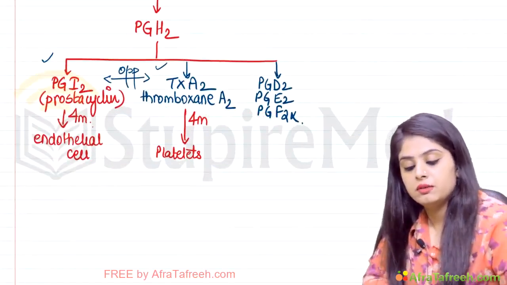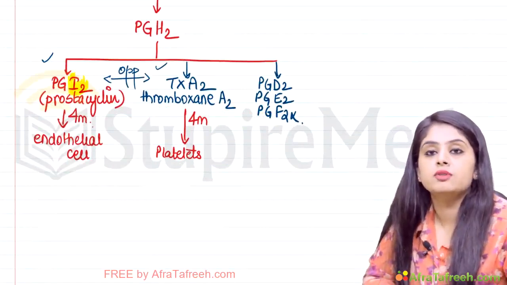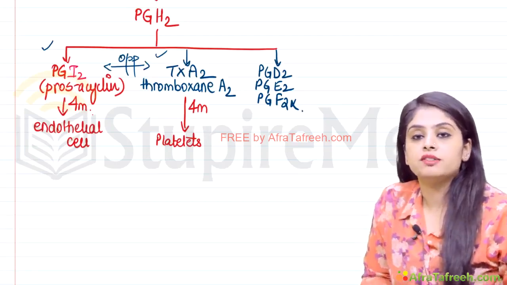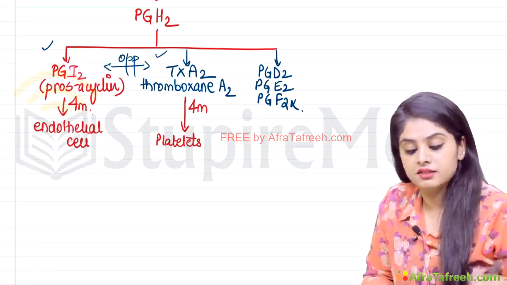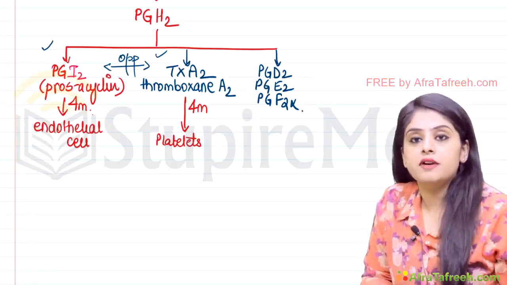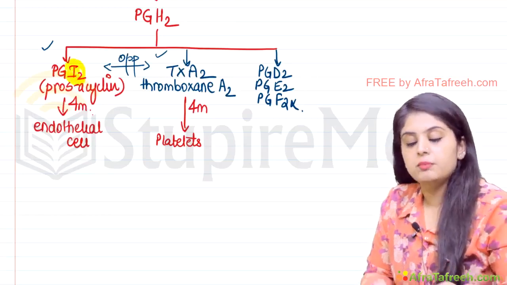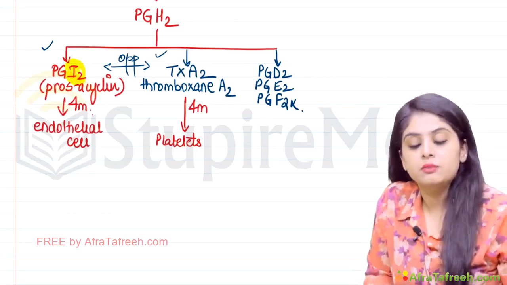If you focus on the term PGI2 or prostacyclin, I for inhibition. So this is about the origin of these, prostacyclin from endothelial cells and thromboxane A2 from the platelets. What is different in the function? Now focus on the term PGI2. PGI, I stands for inhibition.